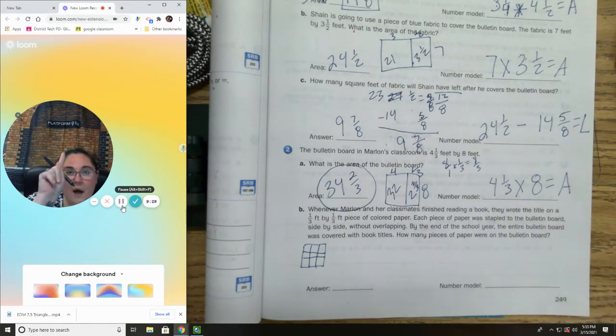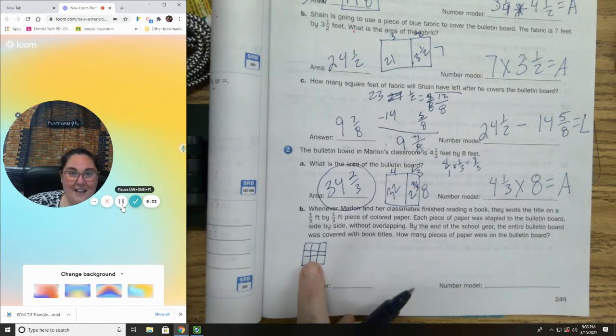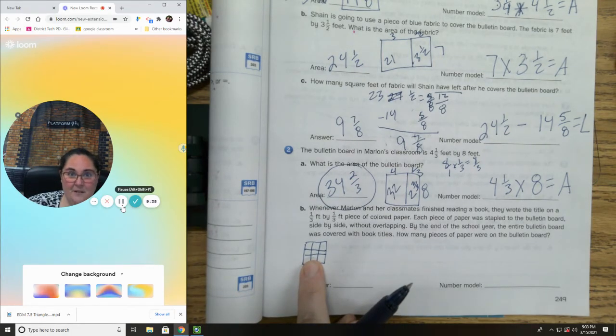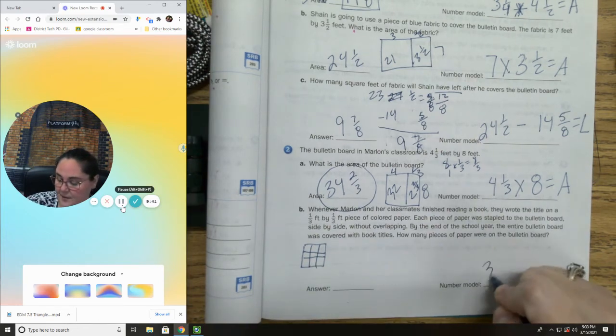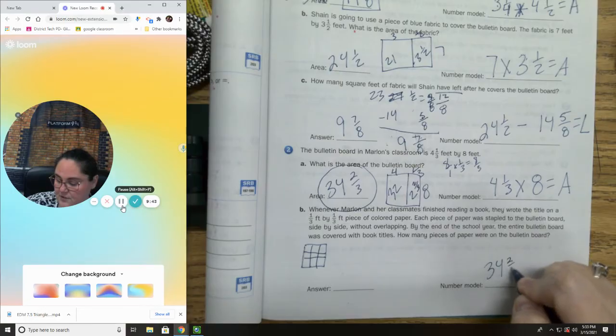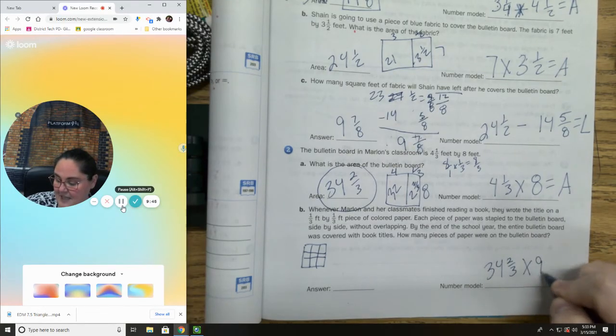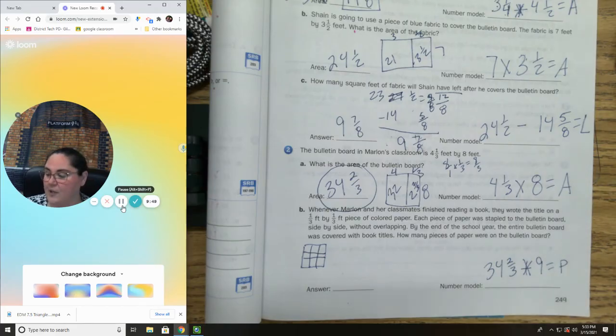And for every 1 square foot of tile, I can fit 9 pieces of paper. So I'm going to multiply. 34 2/3 times 9 equals P for paper. I want you again, pause the video, take your time, see if you can figure out this answer.